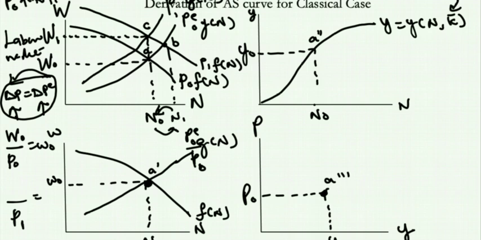So because of that, they demand more nominal wage to compensate the increase in price. So nominal wage increases from W0 to W1 by the same proportion as the increase in price level. So it's like offsetting each other.